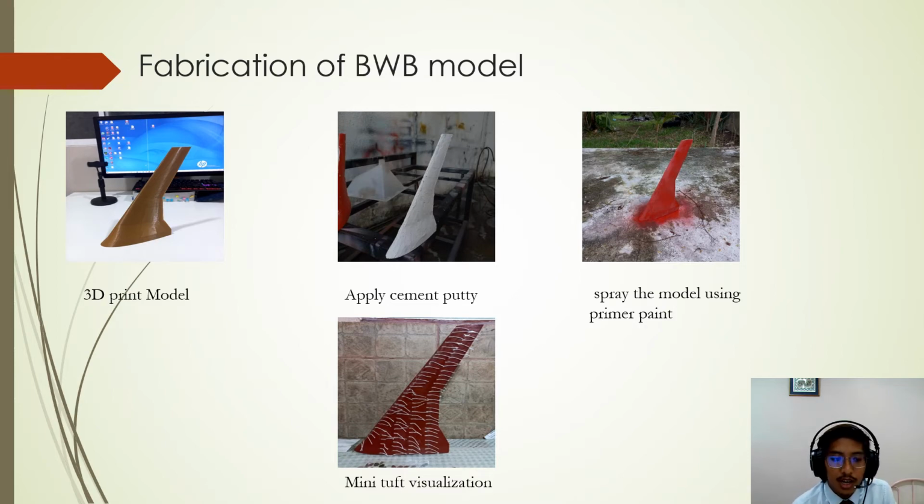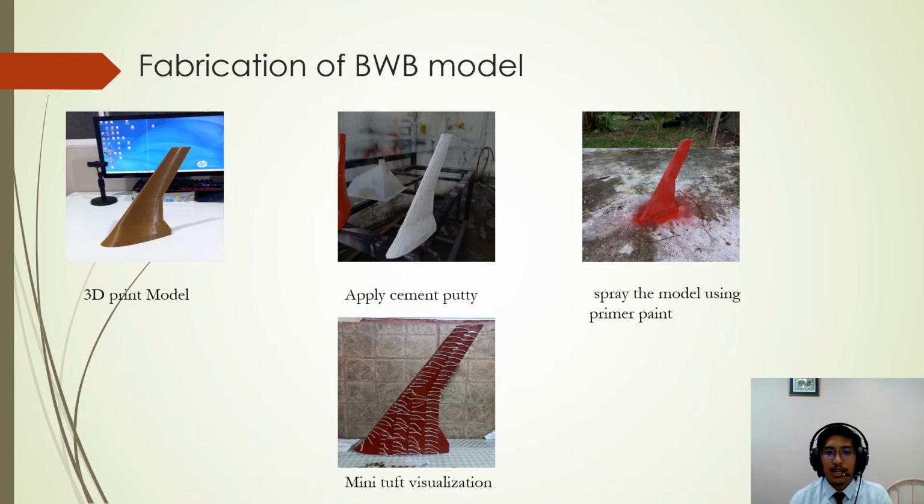After that, the model was sprayed using a primer paint. Why do we use the primer paint? Because it has a better finishing surface and gives a coated layer. Next is the mini tuft visualization.